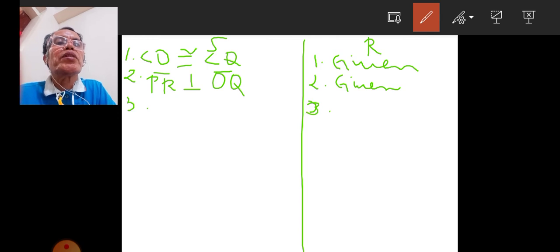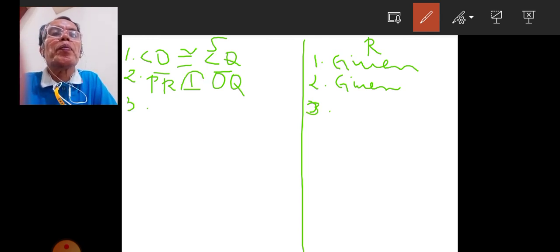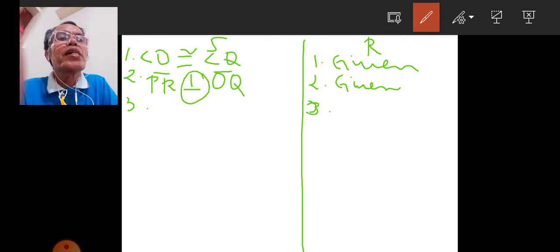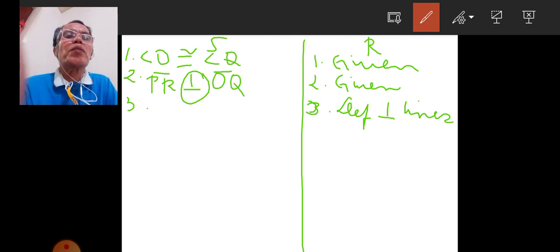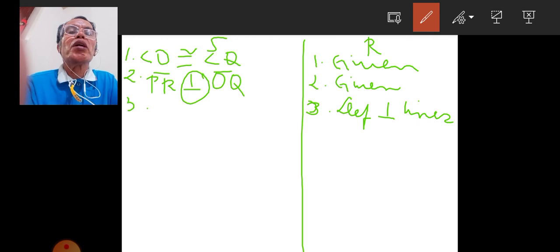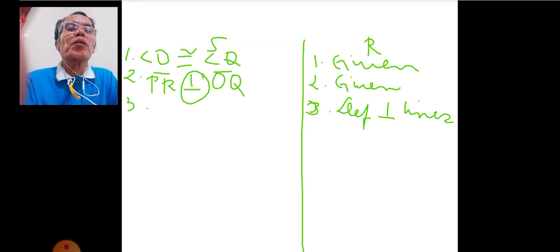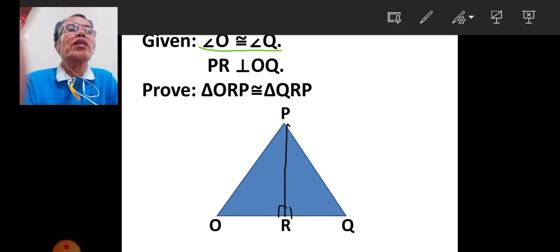Reason number 3, you can anticipate, you have the word perpendicular. So this is the definition of perpendicular lines. How did we know that two lines are perpendicular? Two lines are perpendicular if they form two right angles. Therefore, in our statement number 3, you are going to state the two right angles being formed by the two perpendicular lines.